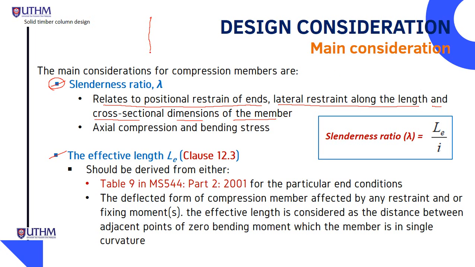For example, this is a column subjected to loading P, and at a certain value of load it will start to buckle, and this buckling depends on the column length, either it is a slender or long column or a short column.